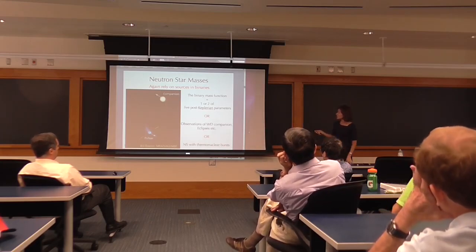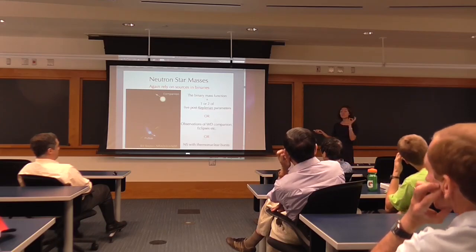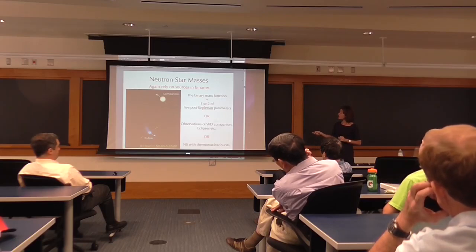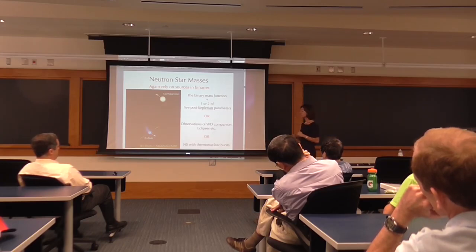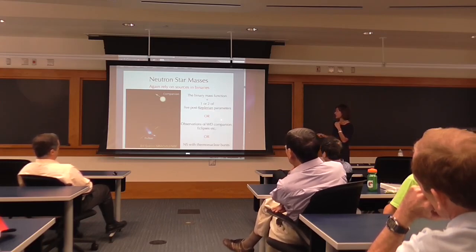So if 2 of these post-Keplerian parameters are measured, we're again in the case where the system is very well constrained and the errors are Gaussian. If 1 is measured, then it's equivalent to our second category in black holes, where we have good constraints but still a tail that we can't quite pin down.